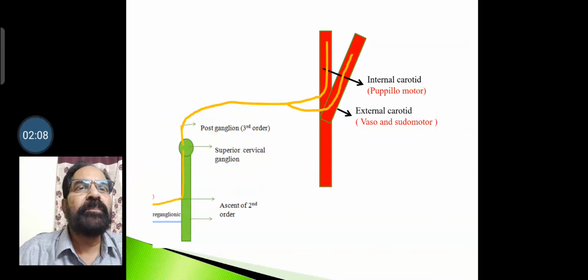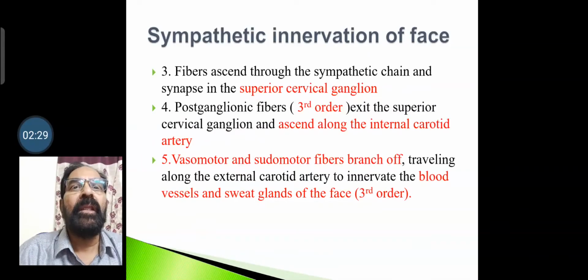So those which are supplying blood vessels and the sweat glands, that is called pseudomotor, they go along the external carotid artery, and the pupillomotor will be going through the internal carotid artery to supply the iris dilators. So the fibers ascend through the sympathetic chain, synapse in the superior cervical ganglion.